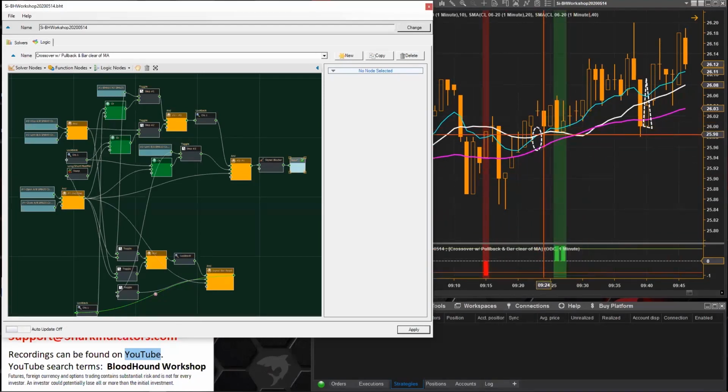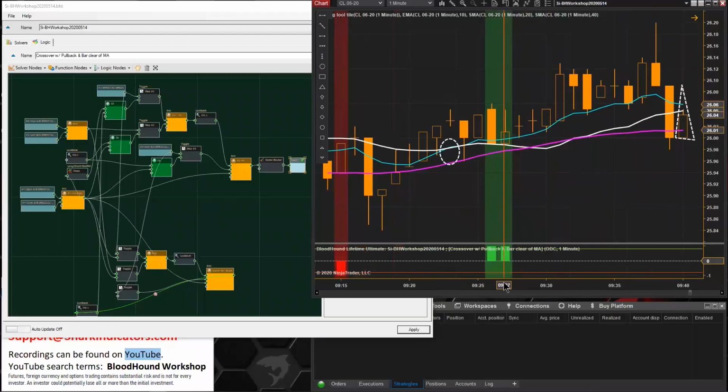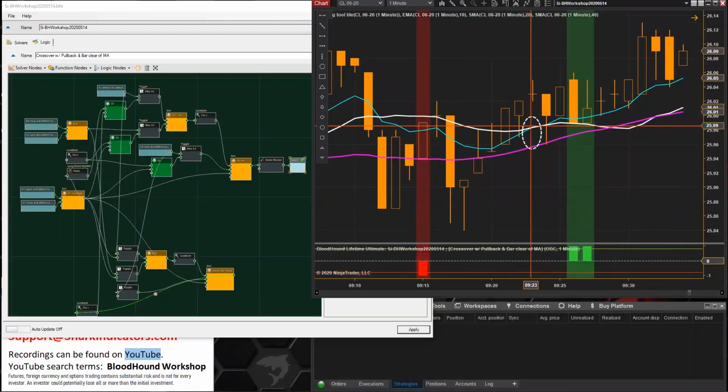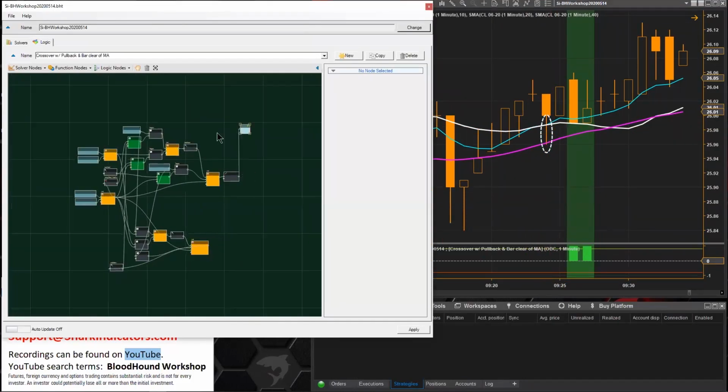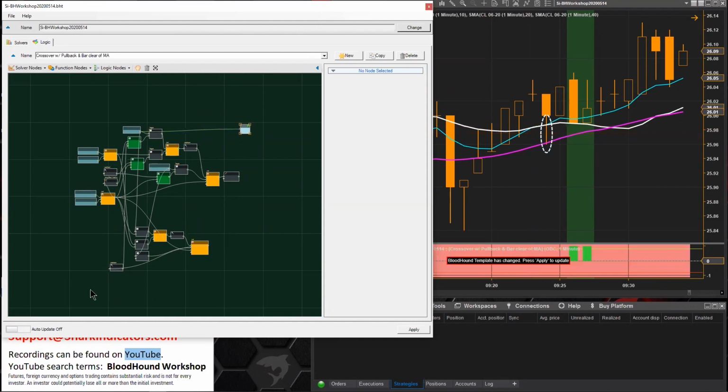There. All right, so we have our crossover. Let's zoom in here. There we go. Remember, we have a cross up and then a cross down, then cross back up. I need to check these crossovers again here.